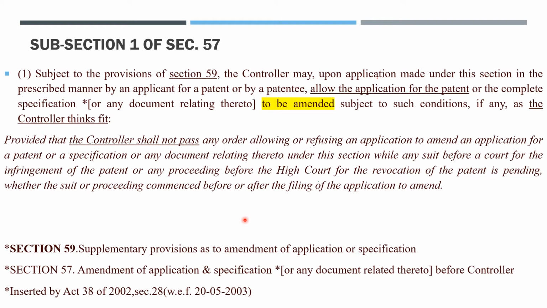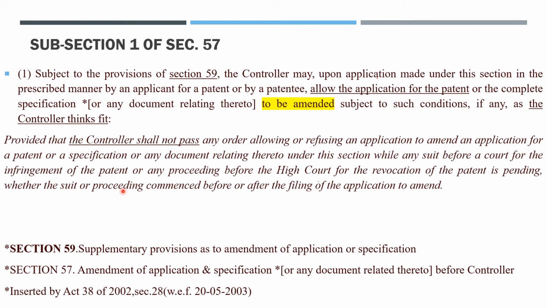Fine. That means if there are any pending cases regarding revocation or infringement, then the controller shall not pass any such order. Now, I think it is clear, but still I will explain in a simpler way.